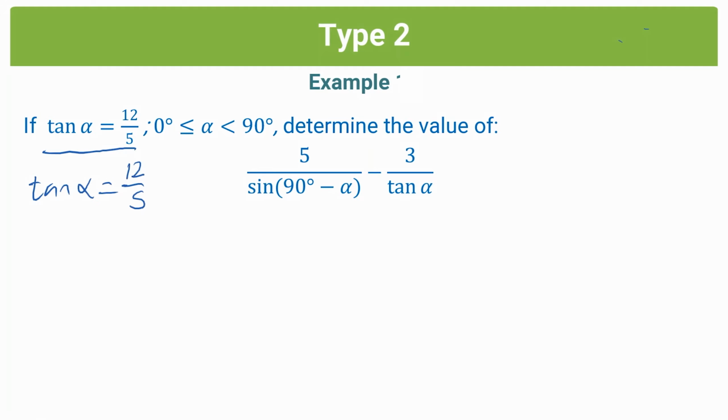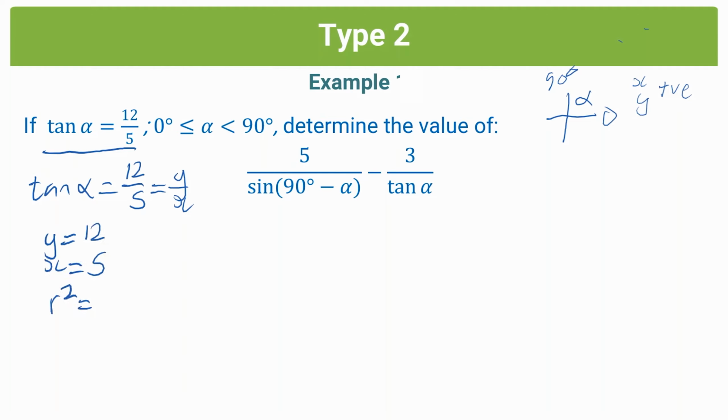And our restriction is quite simple because we know that alpha must lie in the first quadrant because it's between 0 and 90 degrees. And x and y are both positive in the first quadrant. So we can go ahead and extract y and x by putting in our ratio there. We know that y must be positive 12, x must be positive 5, and we can use Pythagoras to solve for r.